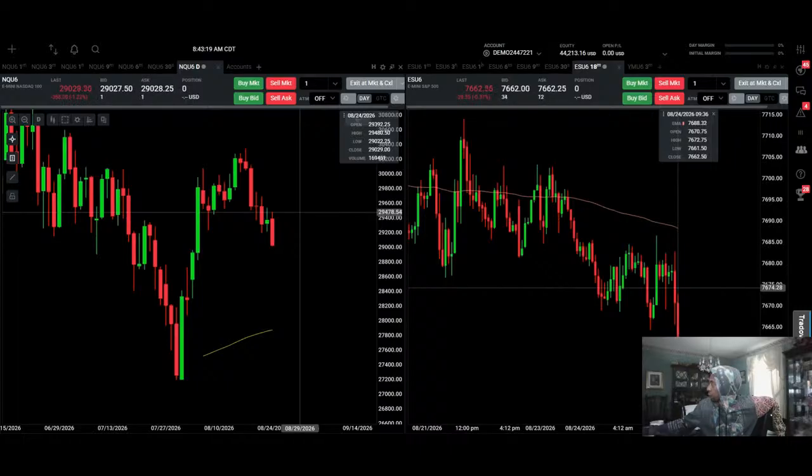So, let's go to the 6 hour real quick and take a real gander at this. Yeah, they might be going straight down, but I would suspect that they test the 730 before they continue. Now they don't have to, but I would hope that they retest the 730 in order to continue falling.